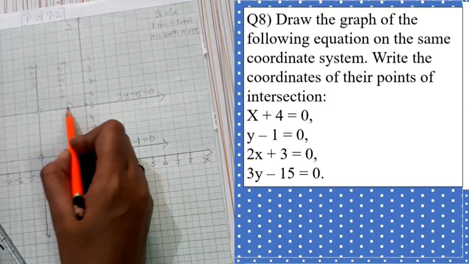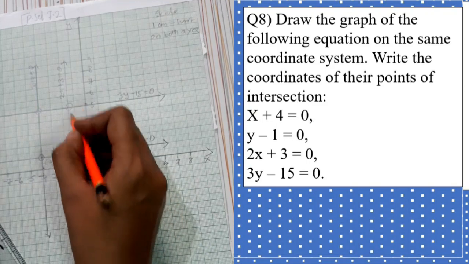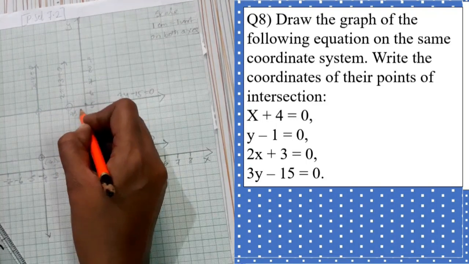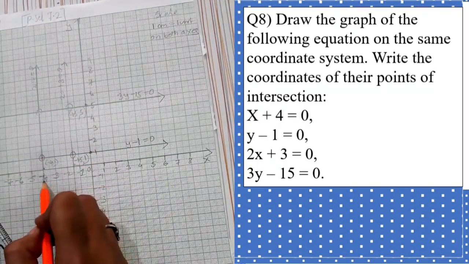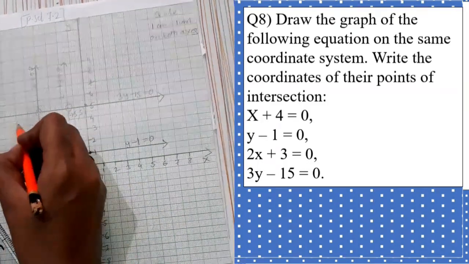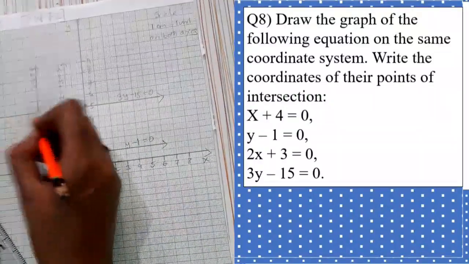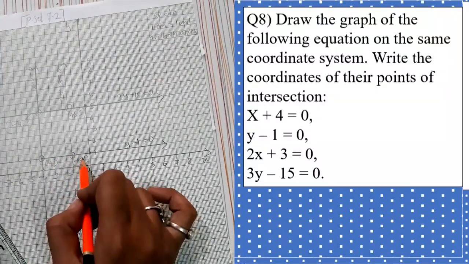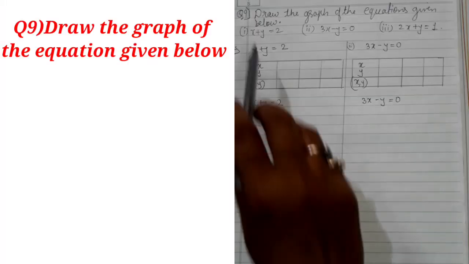And the intersection of this point has x value -1.5 and the y value is 5. And this point of intersection has x coordinate -4 and y coordinate 5. These 4 points are the intersections of the lines. Is that clear? Okay.